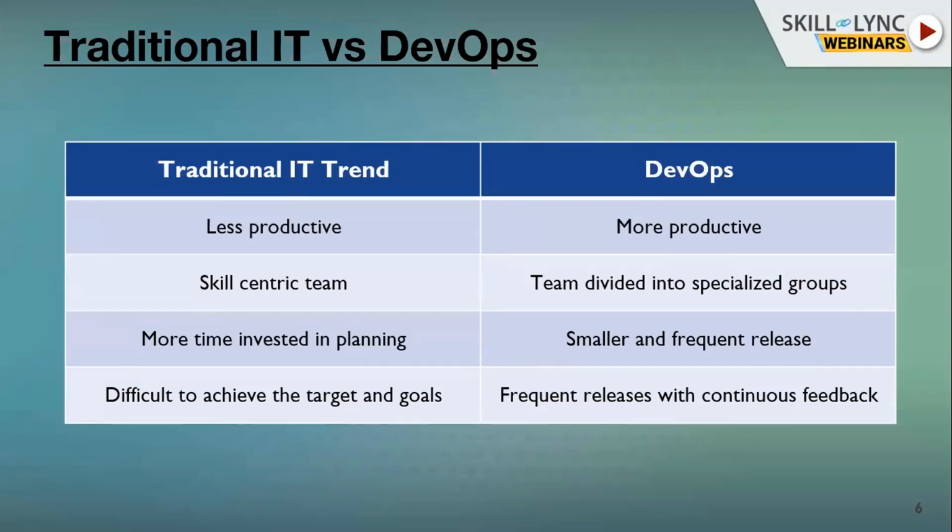In the traditional IT trend, we have skill-centric teams, right? So we have multiple teams, only for testing, only for development, only for requirement gathering. But in DevOps, the teams are divided into specialized groups. In one team we will have all the people. If we go to the core fundamentals of DevOps, we don't have any dev, we don't have any QA, we don't have any site operations.